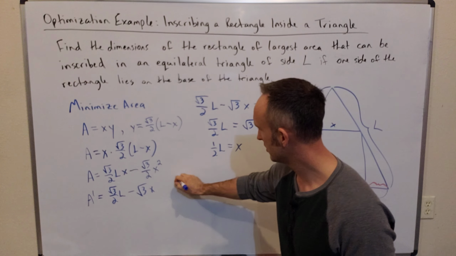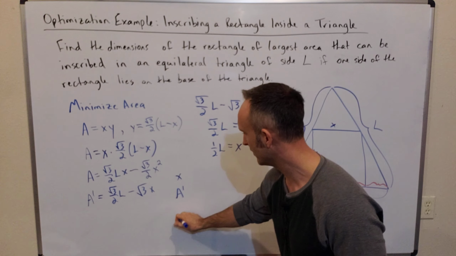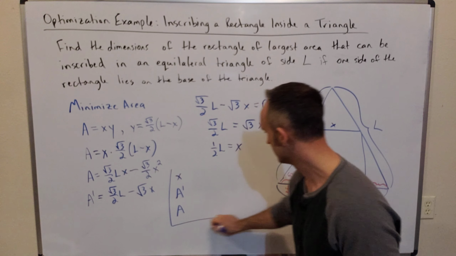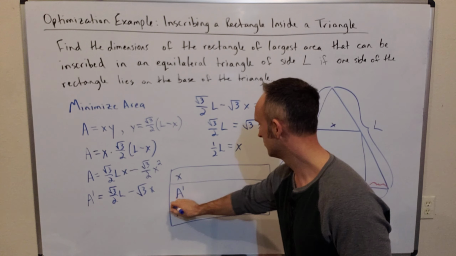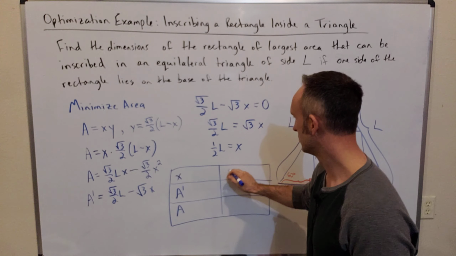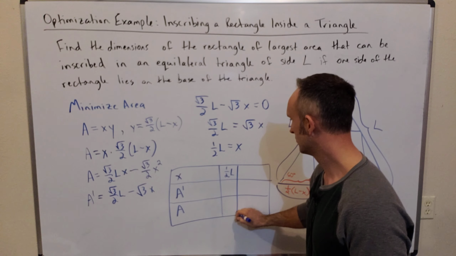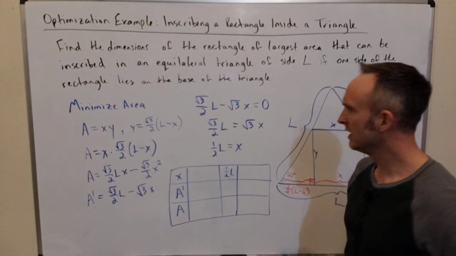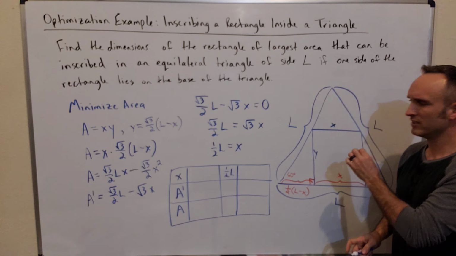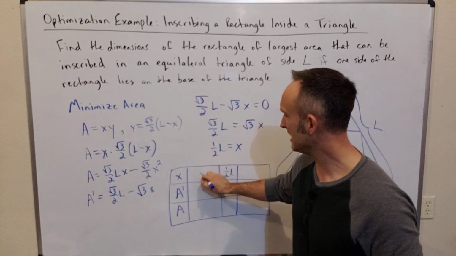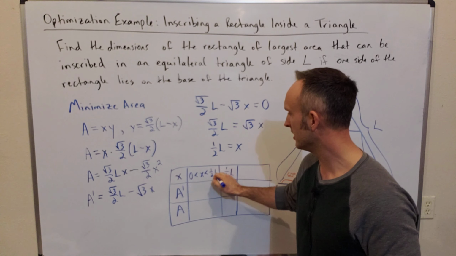So now we have to set up our chart. I've got my x values, I've got my A prime, my derivative, and I've got my area function. And by the way, the smallest that x could get is 0. In fact, x can't equal 0, so I'm going to say x is bigger than 0, but less than 1/2 L here.